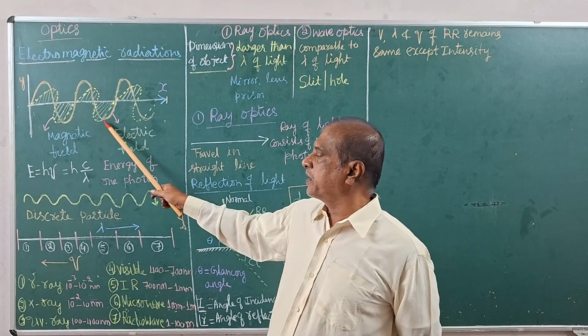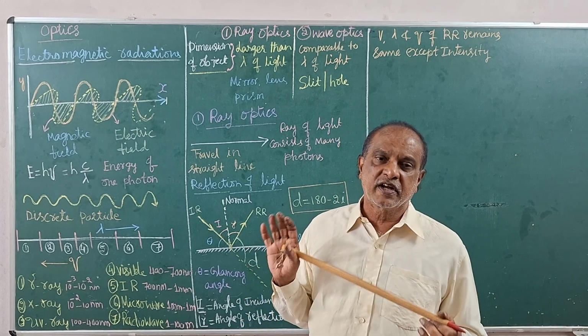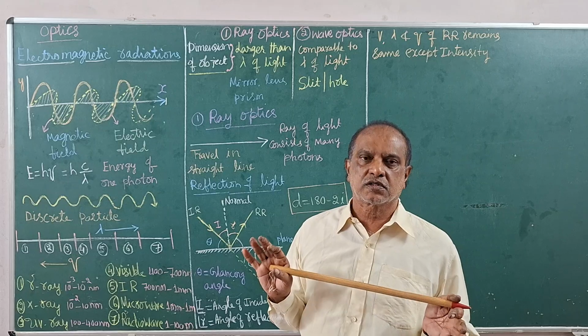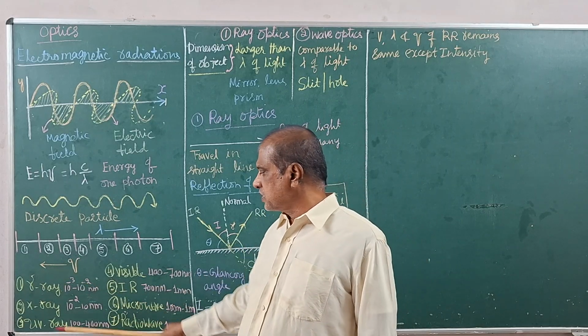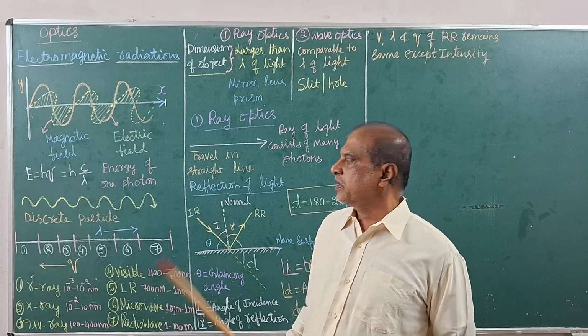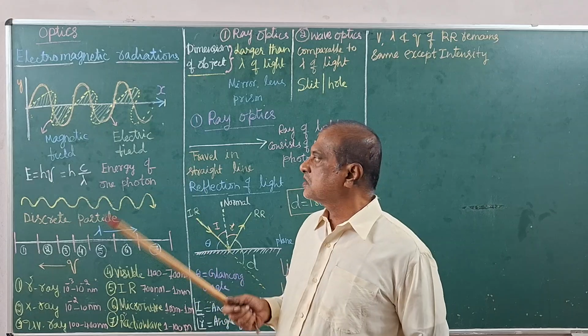The sources of these radiations are mainly the sun and stars. The sun emits all these radiations, so we have them in space.